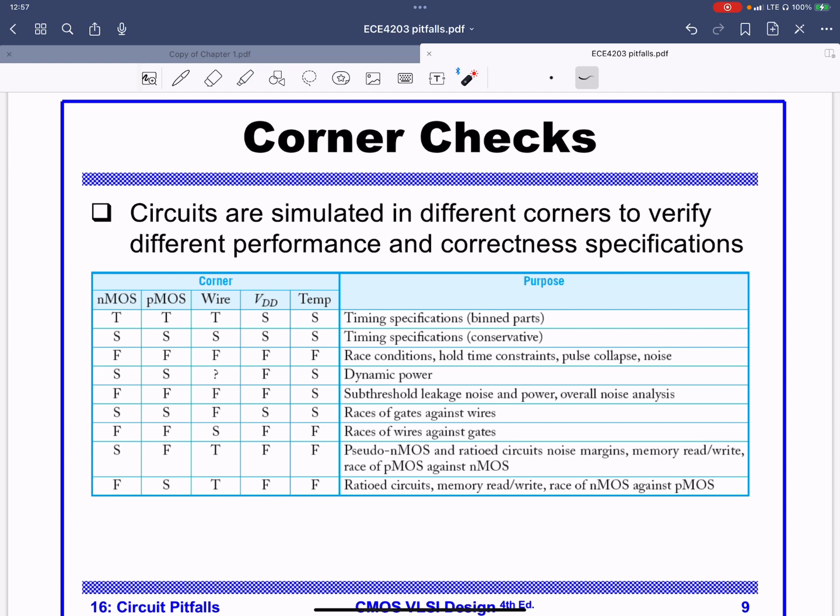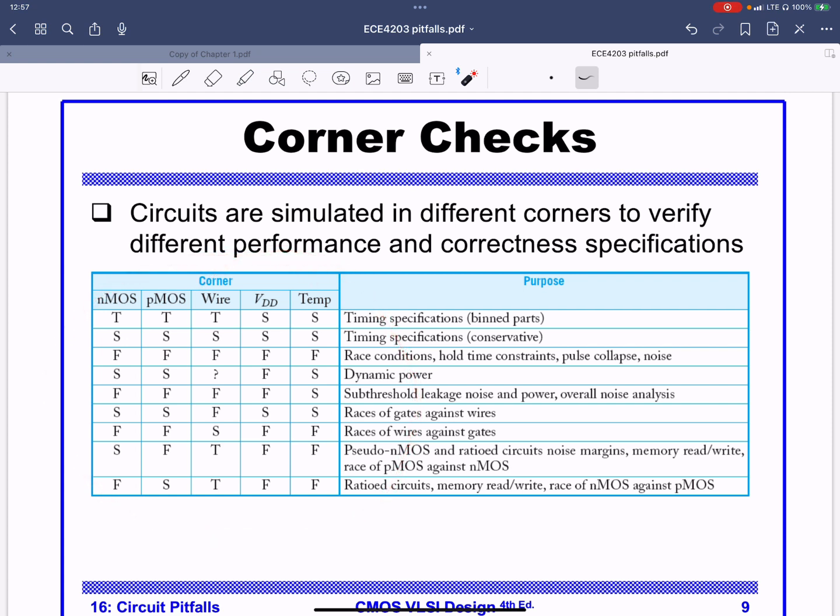So when you're designing a part, you're not just doing typical simulation at one temperature at one supply, but depending on what you're checking for, like worst case performance, you might be picking different values.